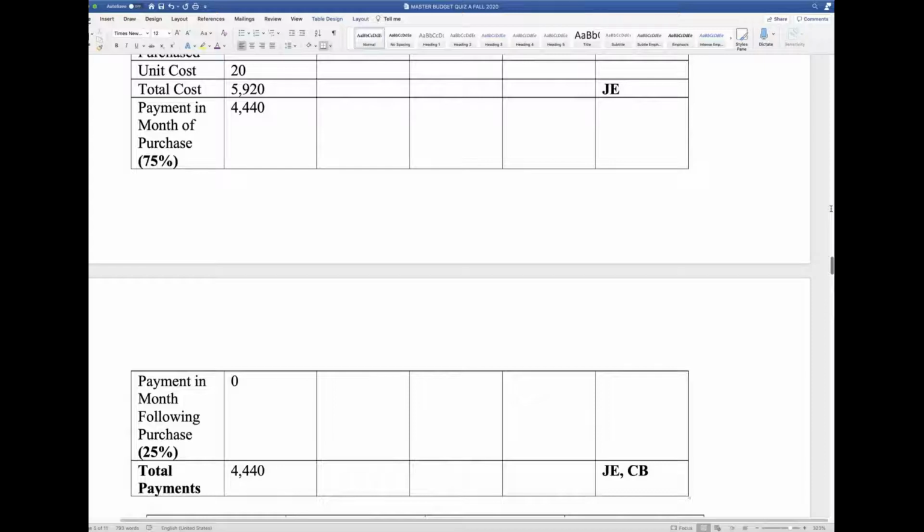It should be what's subtracted from the first month. So 4,440 should be subtracted from 5,920, which will give you that number. Okay, so it's 25% of that number.